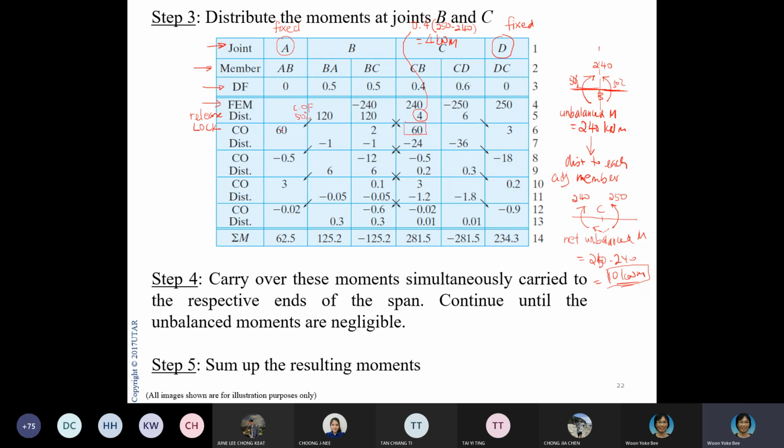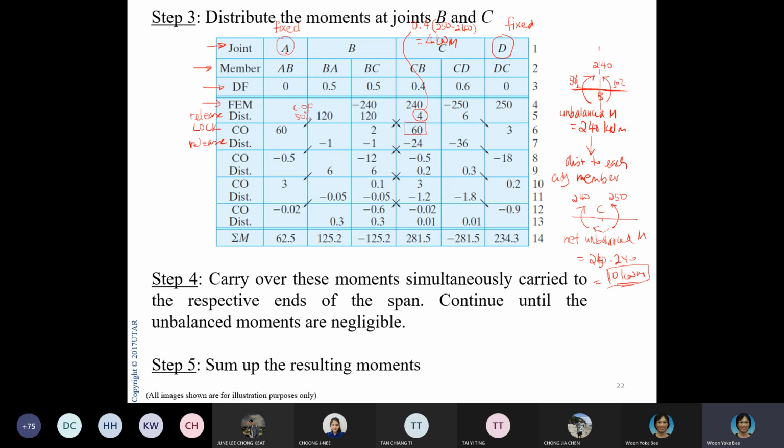Now that I have gotten all these moments, carried over and distributed, I'm going to release the joints again. And what happens? When I release this joint, I look at every member.